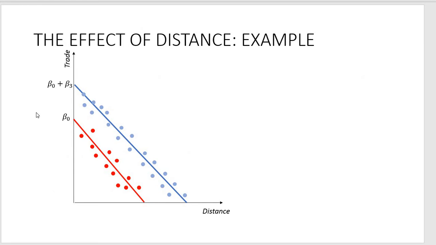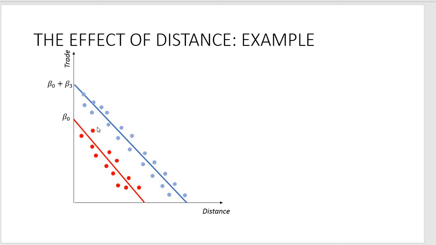So for instance, you can see some simplified depiction of our results here. We analyzed the effect of distance on the volume of trade. This regression line is downward sloped, which indicates the negative coefficient of distance variable. And we have two regression lines.